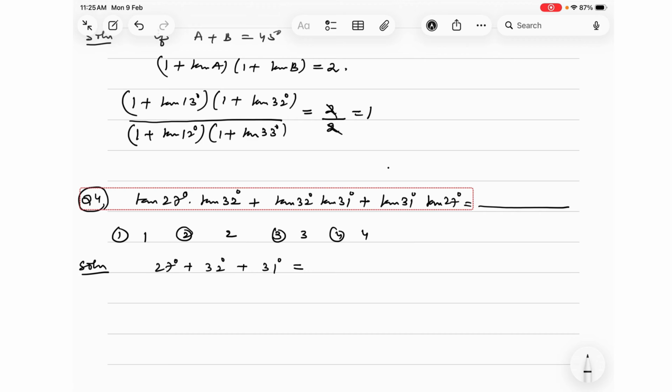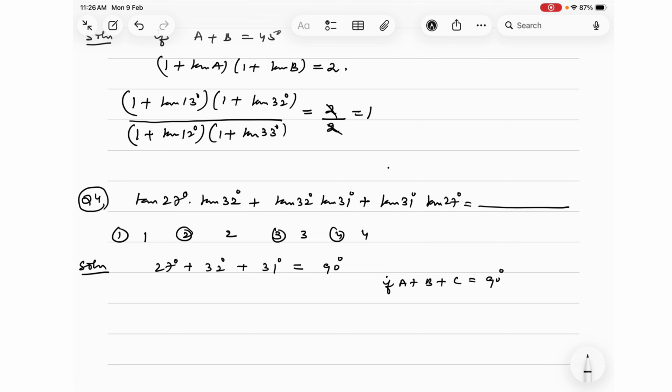If you add these 3 angles, 27 plus 32 degrees is 59 degrees, and 59 degrees plus 31 degrees is very clearly 90 degrees. The sum of these 3 angles is 90 degrees.